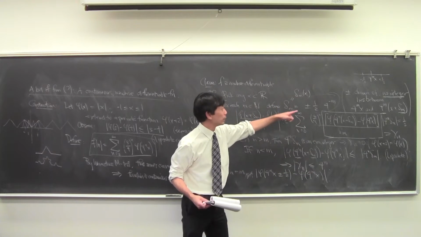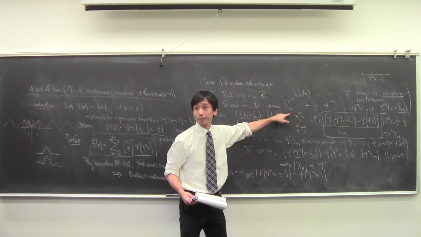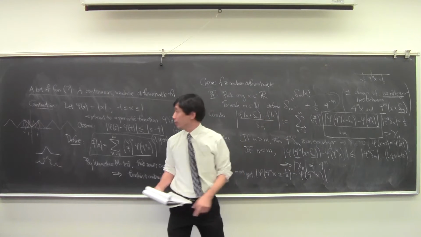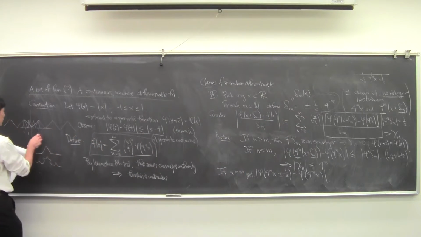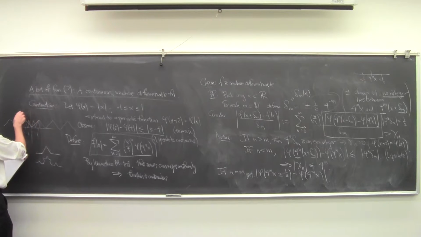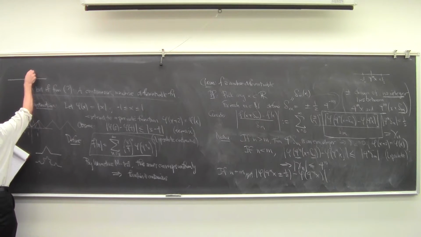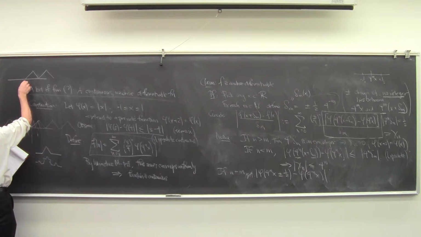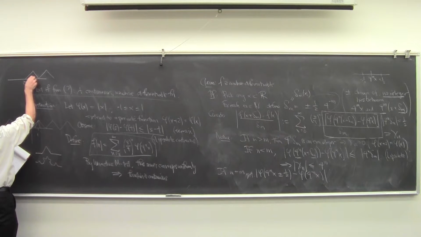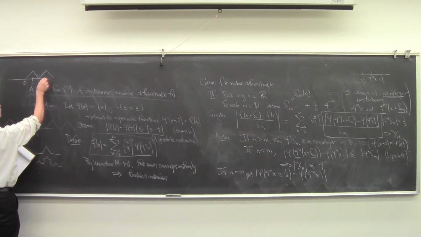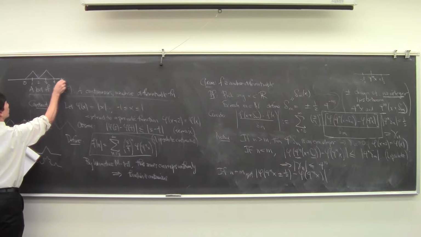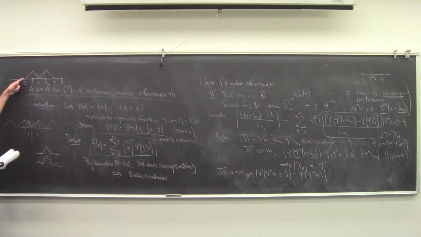That's how we chose the delta sub m. Okay, but if there's no integer, then the slope of your line is either positive 1 or negative 1.